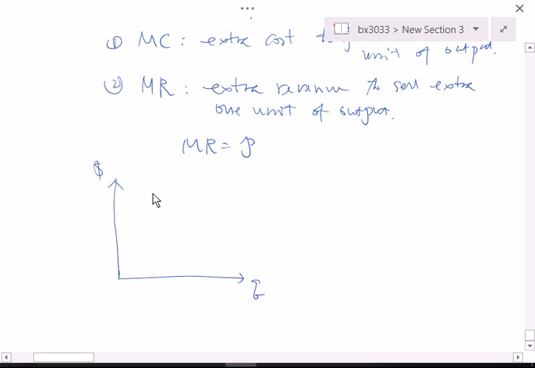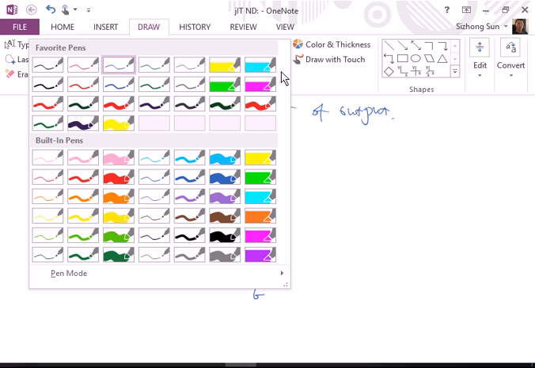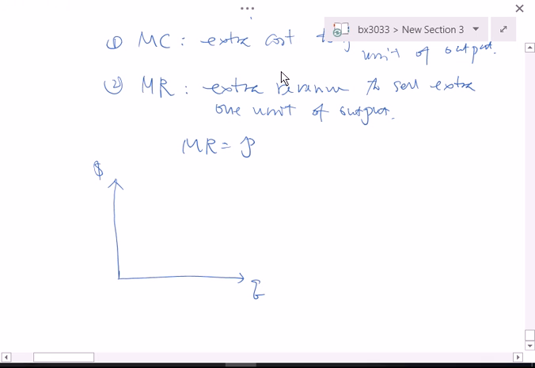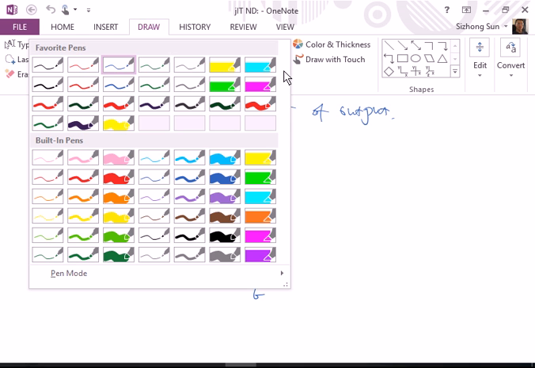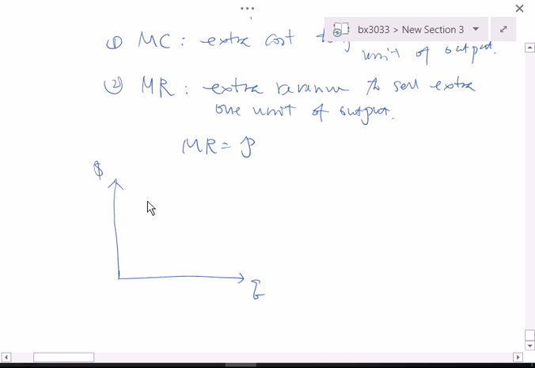So for firms, I have an average cost curve, U-shape typically, an average variable cost curve, and a marginal cost curve, which cuts through the minimum point of average cost and average variable costs.